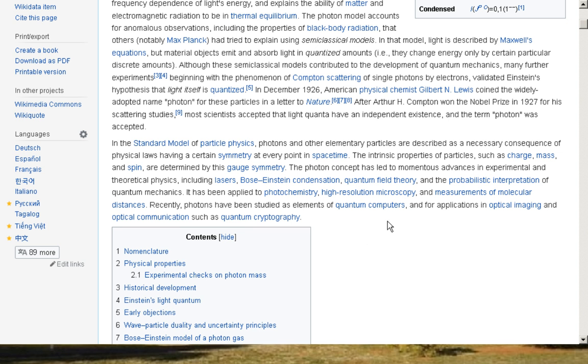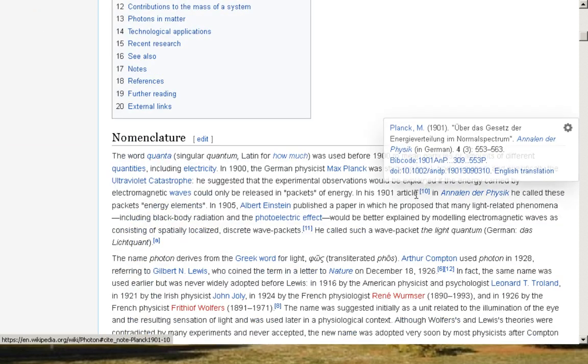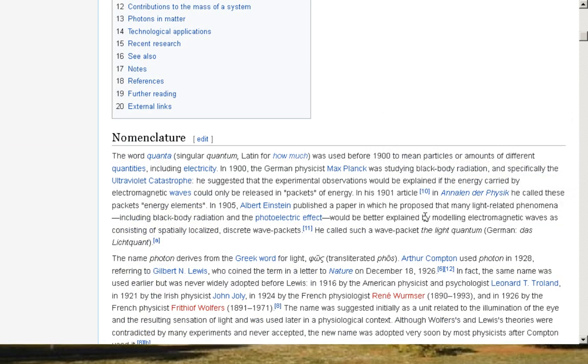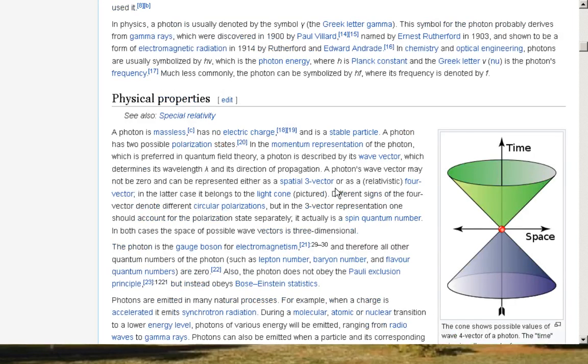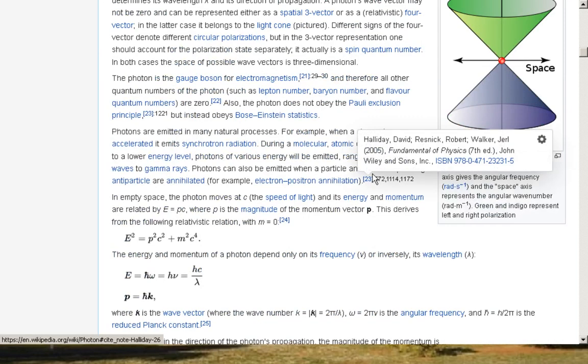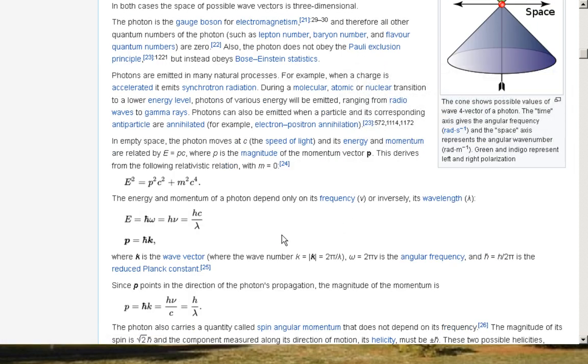Lasers. So we're talking about lasers. Quanta is specific energy. Energy and momentum of a photon depend only on its frequency or its wavelength.